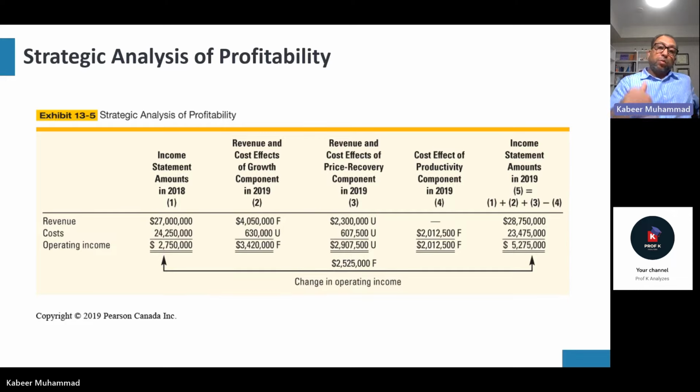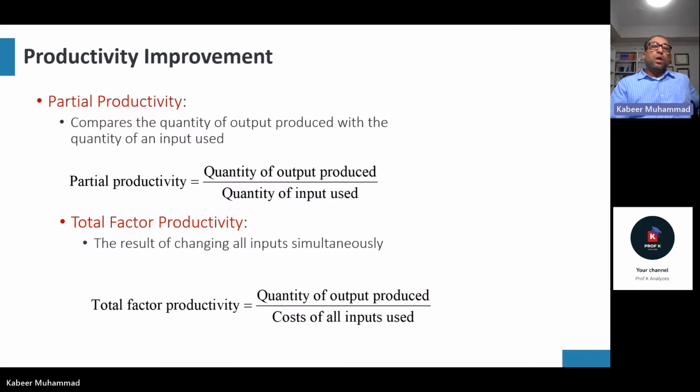So this is the way it works. We have to figure out the growth component, the price recovery component, and the productivity component. When we add up all these favorables and unfavorables, we get the net change in our financial statements or financial position.